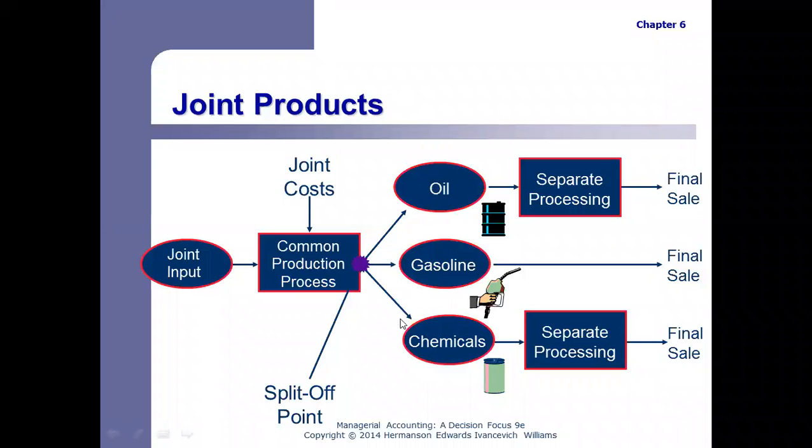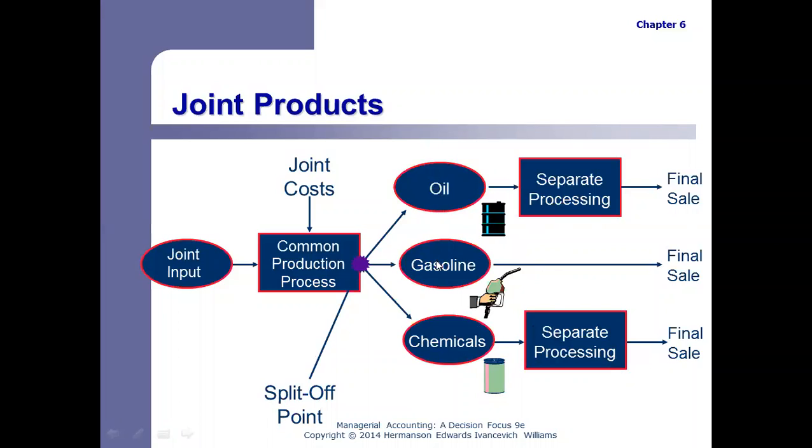We can sell these products as is at the split off point, or we can do some more work on them to make a different final product that we sell later. So the decision for joint products is, do we sell products at the split off point, like gasoline, for example, or do we do more work on them and create a different kind of finished product that we sell later?